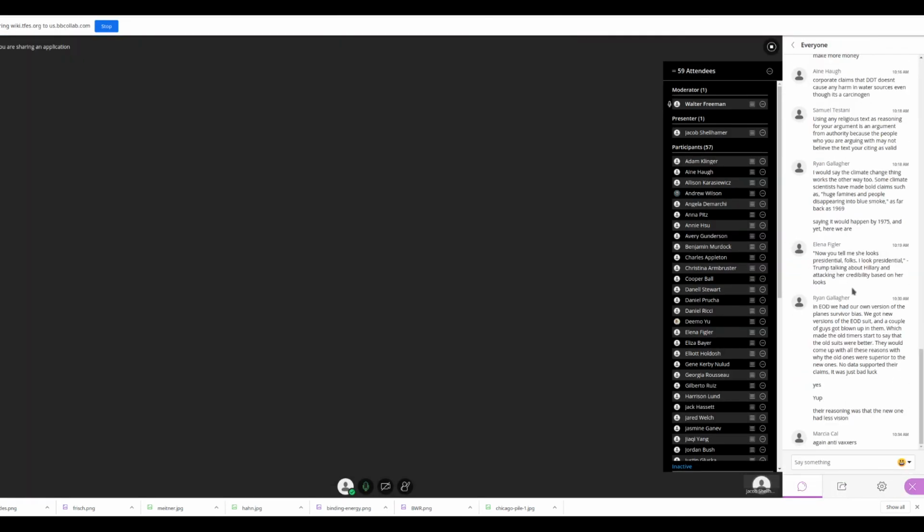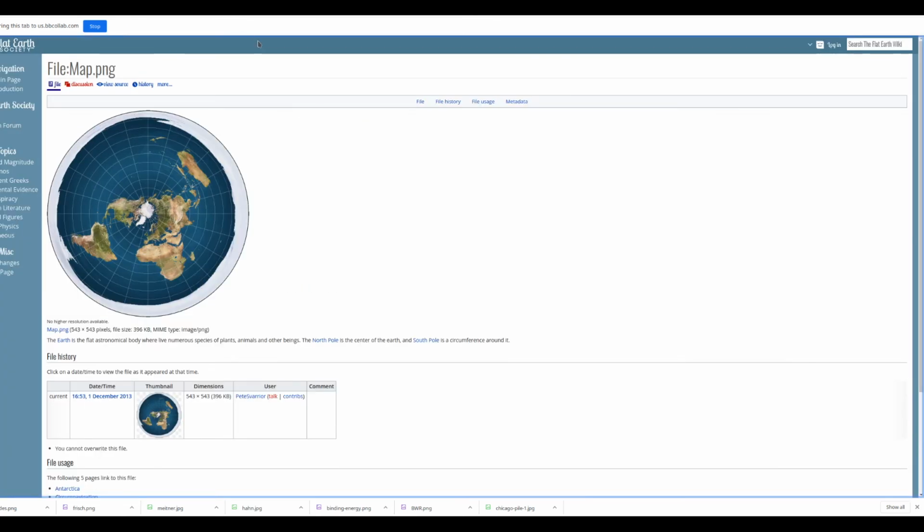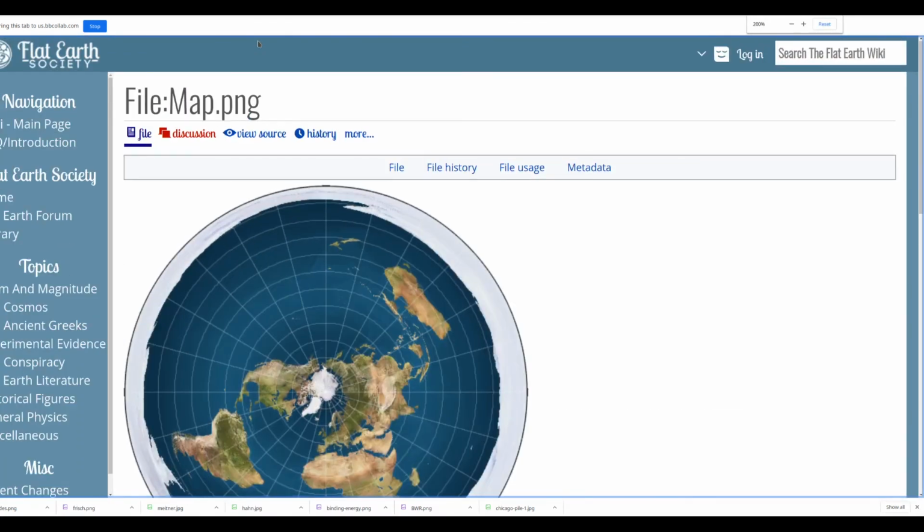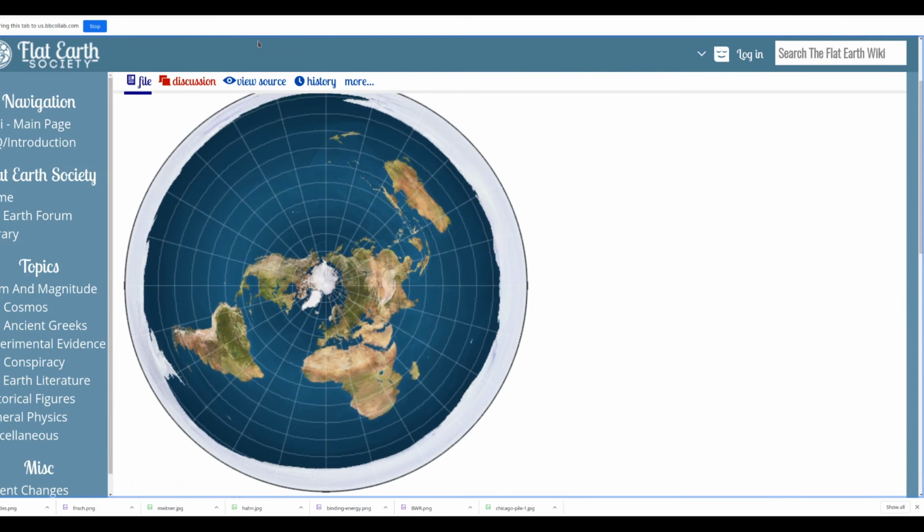While Marcia is typing. Yeah, so this is a map of the flat Earth that flat earthers are claiming is really how the map works. And this map maybe correctly tells you how to get from New York to Spain and tells you the distance from New York to Spain.